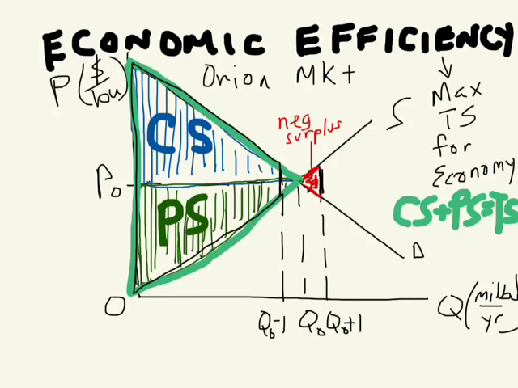So, what's so great about efficiency? Well, it's not fair. It could be that the people that are willing to pay that are getting the product are really jerks, and the people that really need it and are good people aren't. And we want to help the latter.